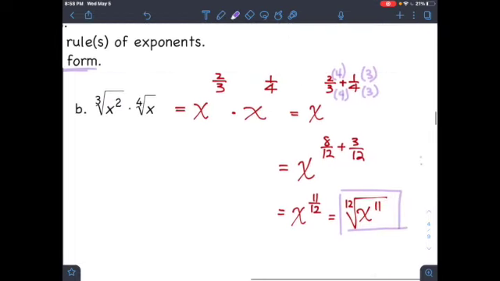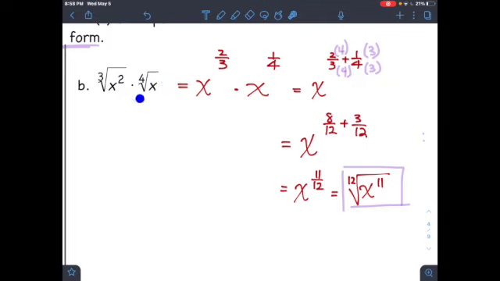So for example B, I started with that problem in radical form and changed it into exponential form. One of them is 2/3, one of them is 1/4. Because they are right next to each other and multiplying, I know I need to add my exponents. Common denominator, 8/12 plus 3/12, and therefore it's 11/12. To rewrite my answer back into radical form, 12 is the index number, 11 is going to be the exponent.